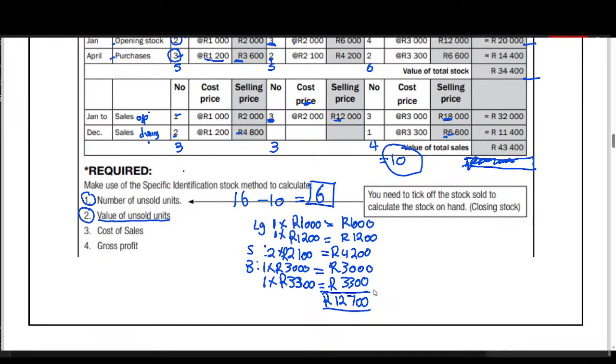Okay, right, that was how to calculate the value of unsold units.